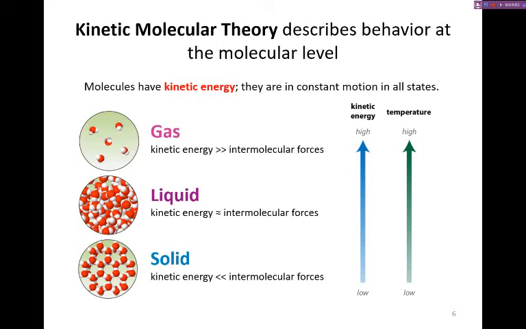Whereas solids are the opposite. Their kinetic energy is much, much lower than the strength of their intermolecular forces. Whereas liquids are somewhere in between, and the kinetic energy that a molecule has is roughly equal to the strength of the intermolecular forces that it feels. And what we see here then is that because of the ratios of the kinetic energy and the intermolecular forces, these affect the states of matter.